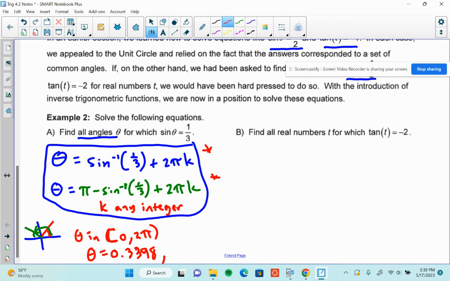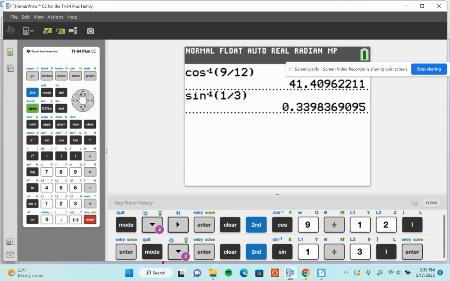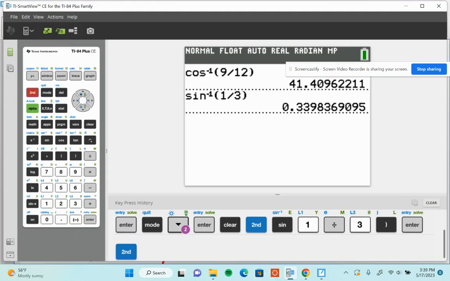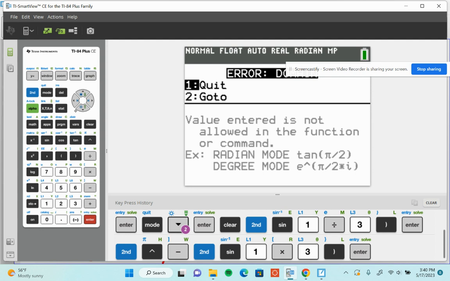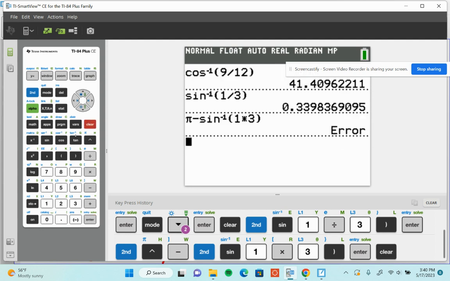I'm going to also do my other solution that's between 0 and 2 pi. I'm going to grab the calculator. I'm going to do pi minus sine inverse of 1/3. And oops, that didn't quite work, because I would put a multiplication sign in there.